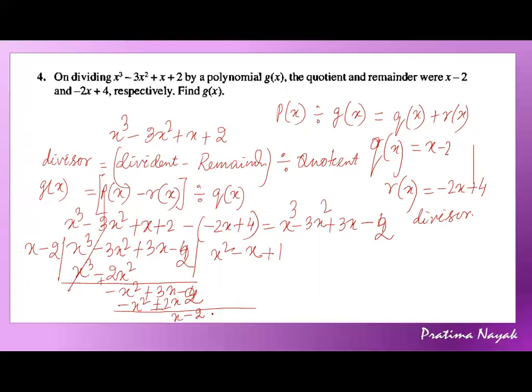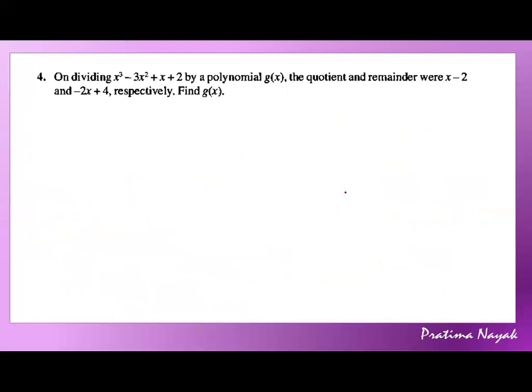So I'll get x minus 2 below. x minus 2. So remainder is 0. So this will be your divisor. So g(x) is equal to x square minus x plus 1. We made a small mistake, it will be plus 2x and minus 4, plus 2 minus 4, this is minus 2. I was a little hasty so it went wrong. Don't be hasty because this is not a sport, the aim is to get the correct answer.